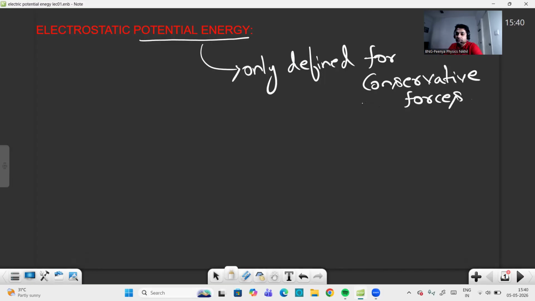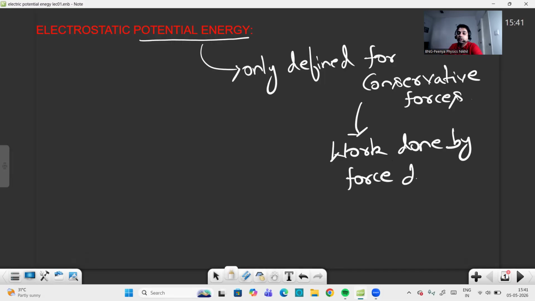In short, a conservative force is a force for which the work done by this force depends on position. So here we can understand that the work done depends on position.